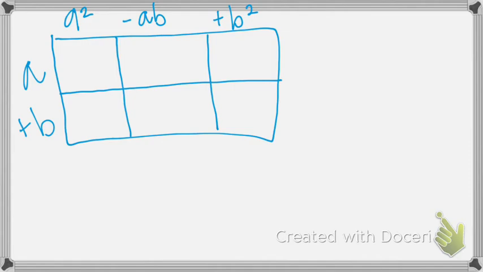So, an A squared times an A is an A cubed. To the right, we have a negative AB times an A, which is a negative A squared B. To the right again, we have a positive B squared and an A.